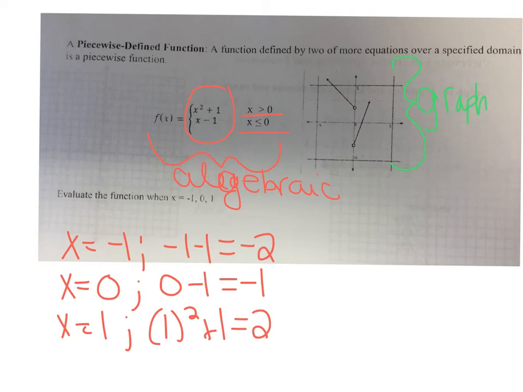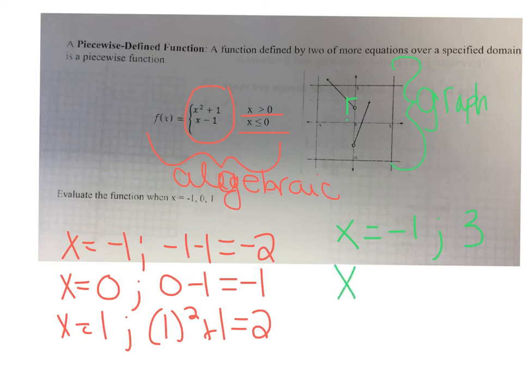On the other graph, we're going to guesstimate to the best of our abilities. If I want to do x equals -1, I'm going to guess that -1's right here, and we're going to go up to the graph, and we get a value of, I'm guessing, 3.